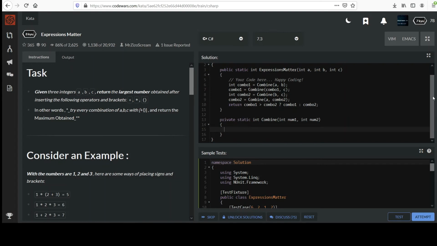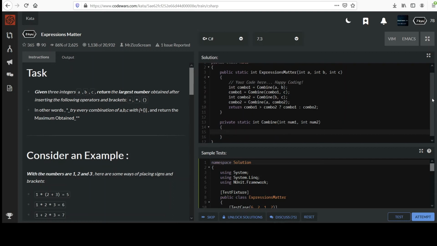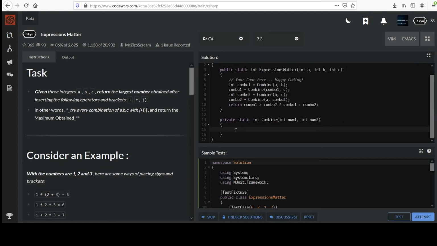So back to what I said about the identity function, multiplying by 1. When you're combining two numbers, realize that if one of the numbers is 1, it doesn't help at all to multiply, because you're left with whatever the other number is.